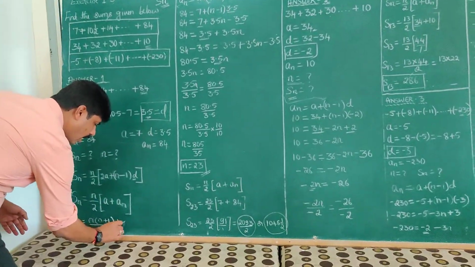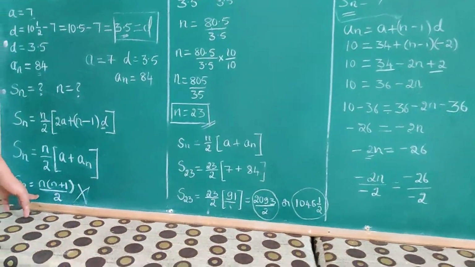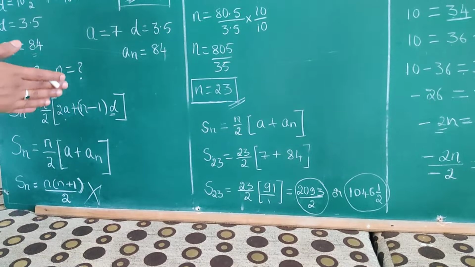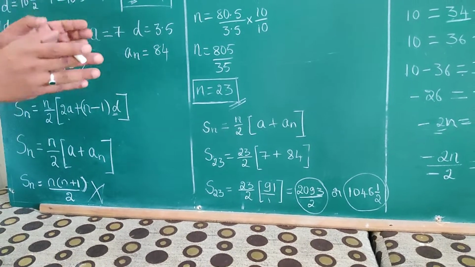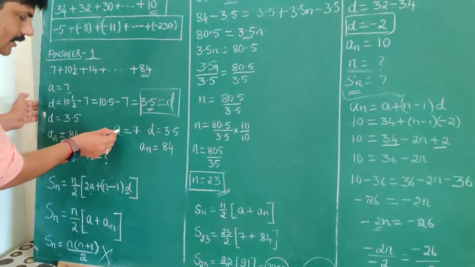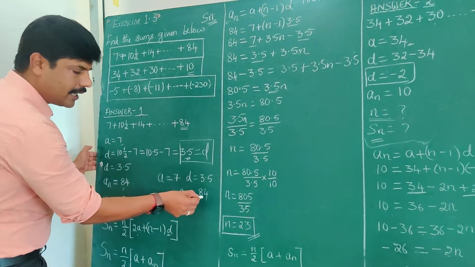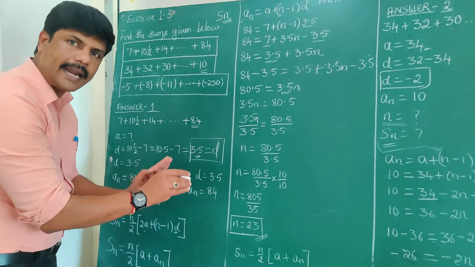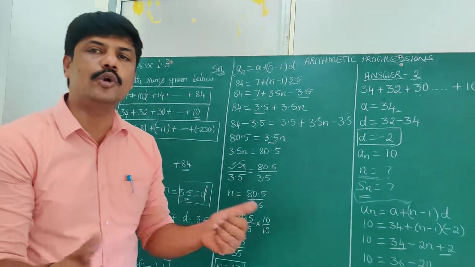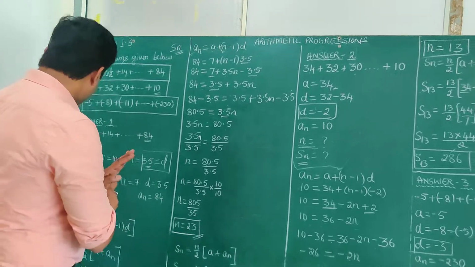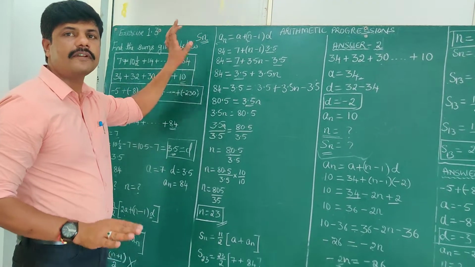Therefore, we avoid this formula, and these two formulas are applicable here. To use these formulas, we need certain data. Those data are a equal to 7, d equal to 3.5, a_n equal to 84, but the n value we do not have. So without knowing the n value, it is not possible to find the sum of n terms.